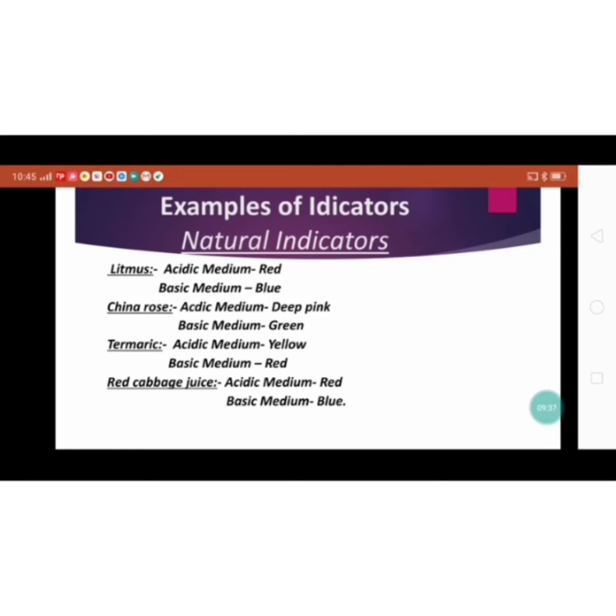Now, what is the color of China rose in acidic medium? It is deep pink, and in basic medium it is green in color, and it remains unchanged when neutral solution is put on it.